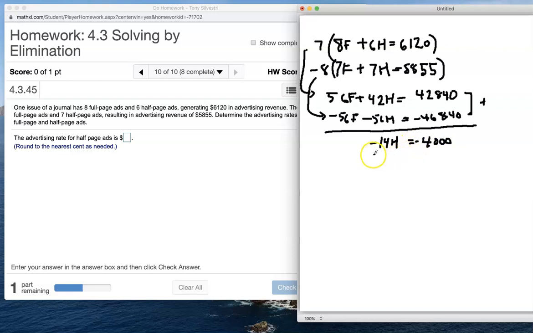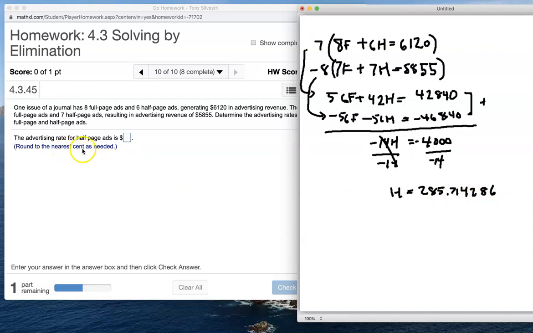Okay. Now let's divide by -14. I don't think this is going to come out even. The negatives cancel. H is equal to 4,000 divided by 14. Here's what I get. H is 285.714286. That's what's on my calculator.